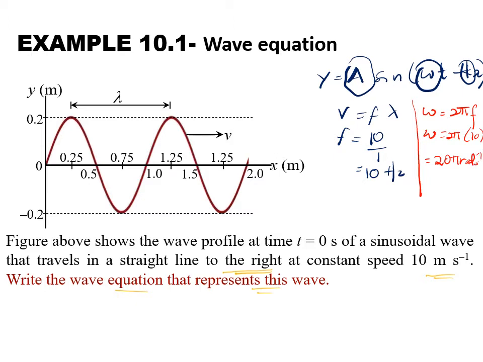And for the wave number, using the formula k equals 2 pi over lambda, 2 pi divided by 1, you will get 2 pi radians per meter.